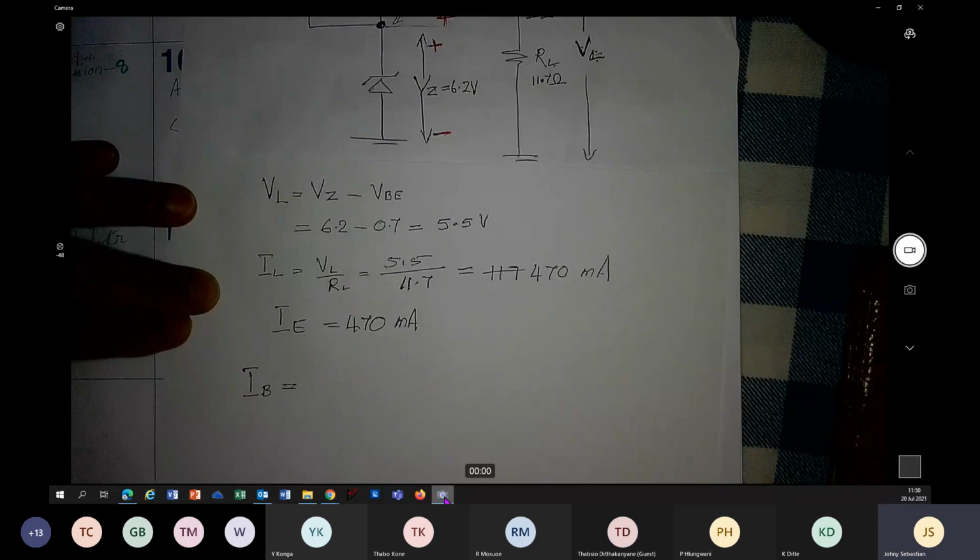How do you find base current from the emitter current? Emitter current divided by beta plus 1.